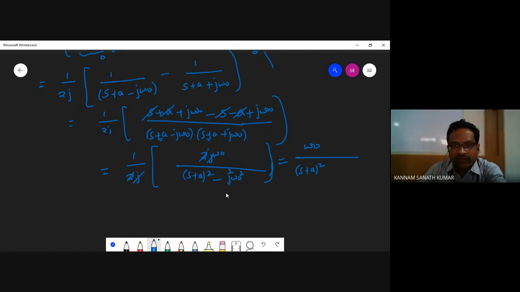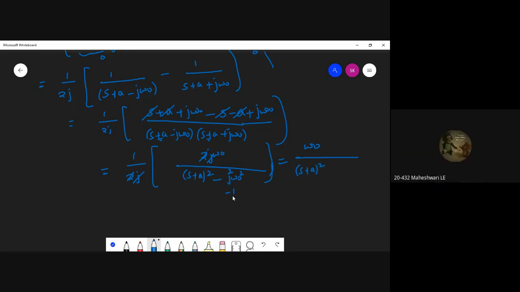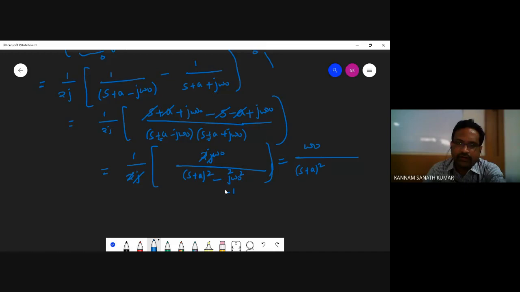What is the j square value? Minus 1. Any doubt in this? J square value is minus 1. Minus into minus plus, so plus omega naught square.